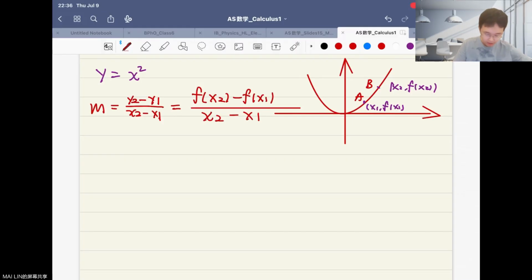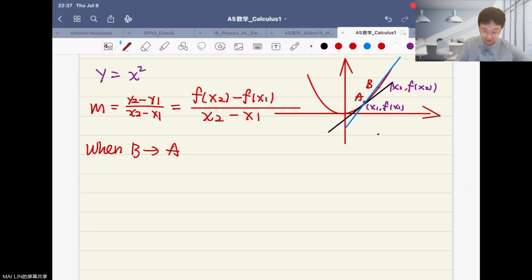Right now, if you want to find the differentiation of a, that is the gradient of a. But exactly here, we call m this line. Let me draw that, a blue line. When the point B comes closer to point A, the blue line comes closer to the black line on the graph.